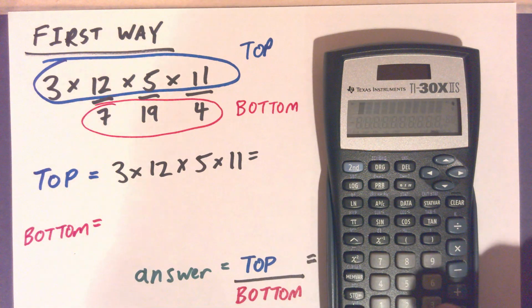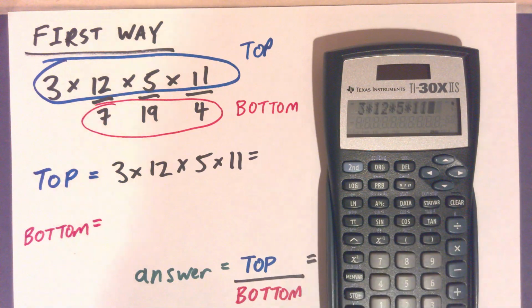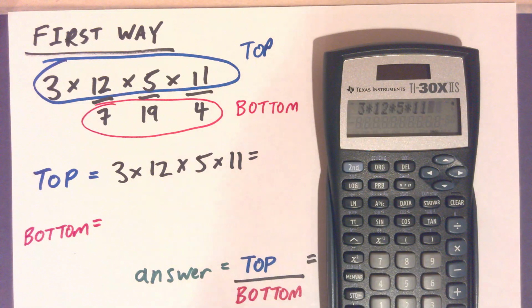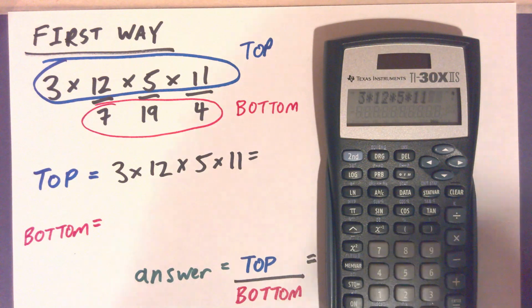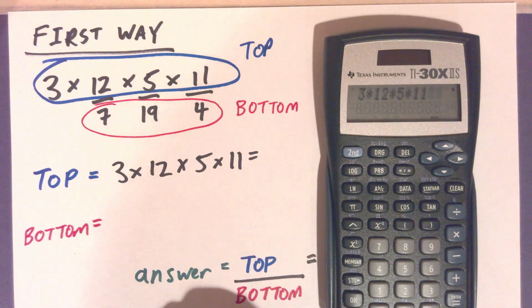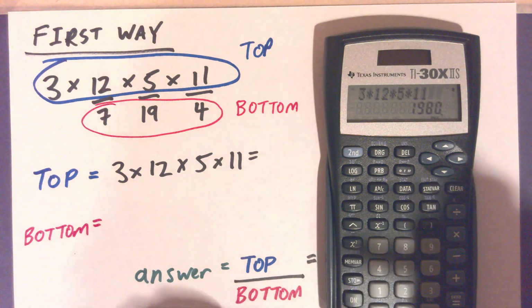So 3 times 12 times 5 times 11. See how I'm able to do multiple operations in the same line? That's what I call a multi-step calculator. This would work perfectly fine in a calculator about maybe $10 US or less. It would be okay. Let me hit equals on this.